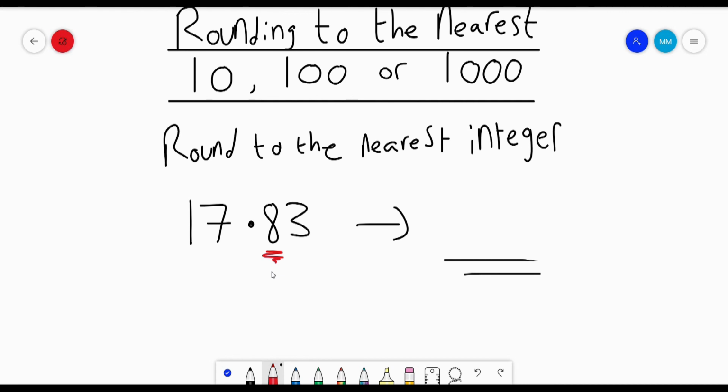Yes, it is. So the number to the left of the 8, the 7, will jump up by 1. So that 7 turns into an 8.